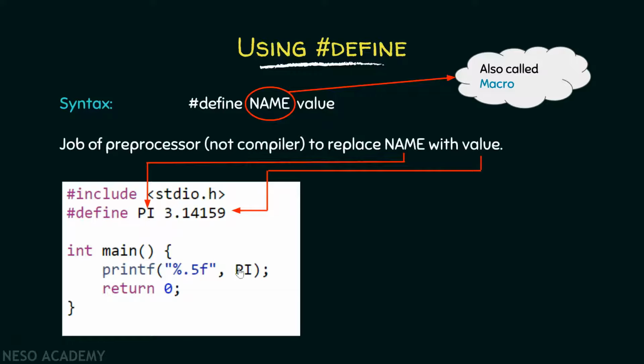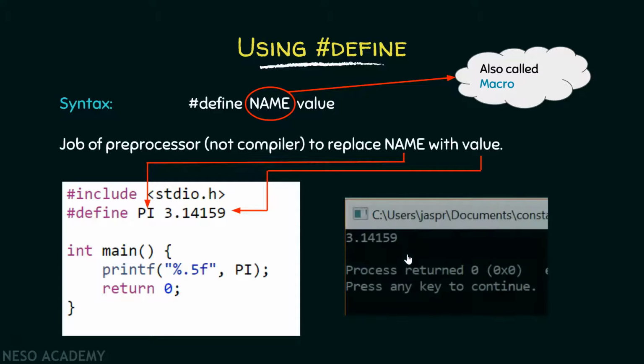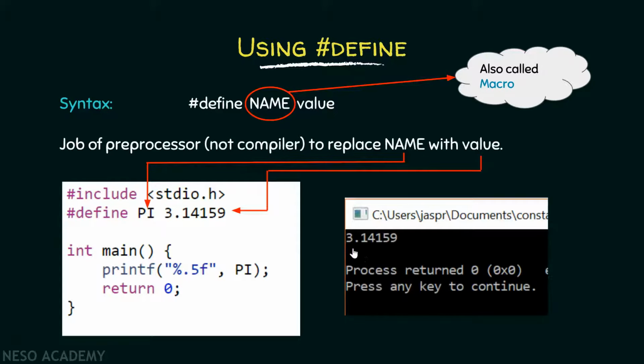I'm simply using PI and printing it up to 5 decimal points. Let's see what the output is going to be. Here you can see this is our output, 3.14159, right? We are able to print this value using just the PI name, with the help of this name.